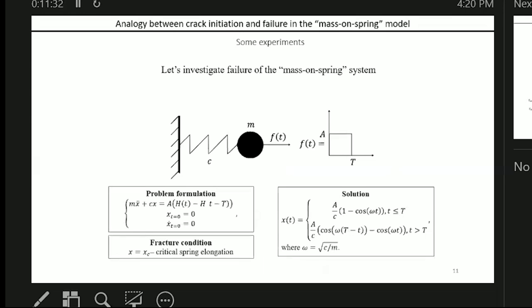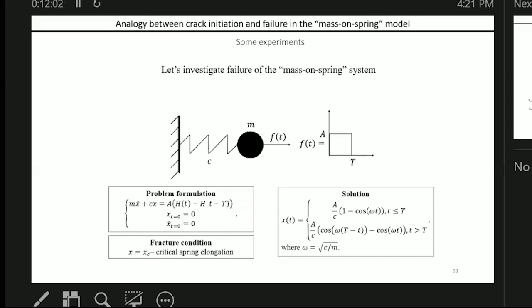Now, imagine the situation. You have a very simple system like this, a simple mass on a spring, and you apply a pulse load to the mass. Of course, due to inertia, there will be situations when pulses are not long enough, or the amplitudes of the pulses are also not high enough.